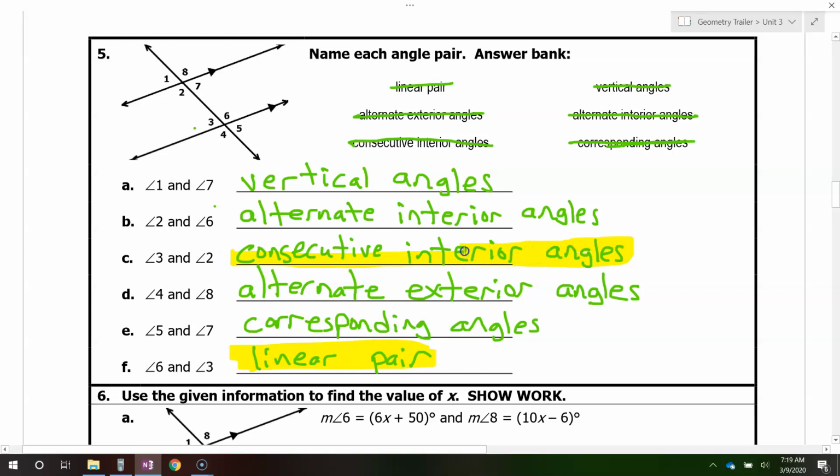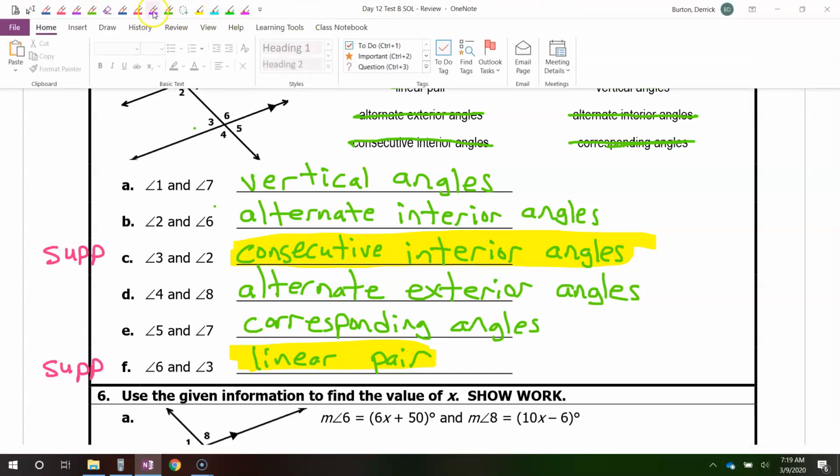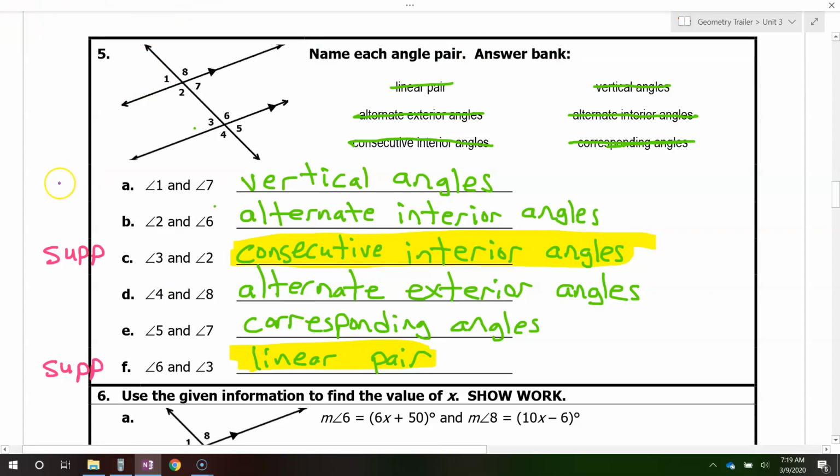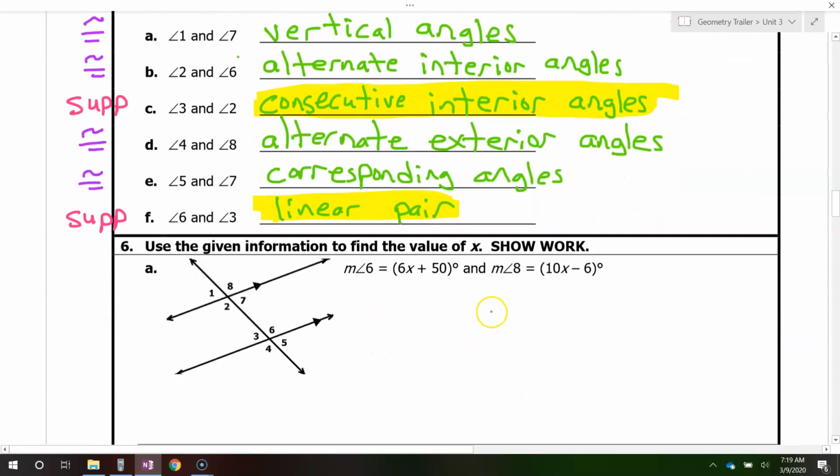All right, if the lines are parallel, consecutive interior angles are supplementary. Okay, so these are supplementary. Just keep that in mind. All of the others are congruent. All right, so keep that in mind while we do the rest of these problems.